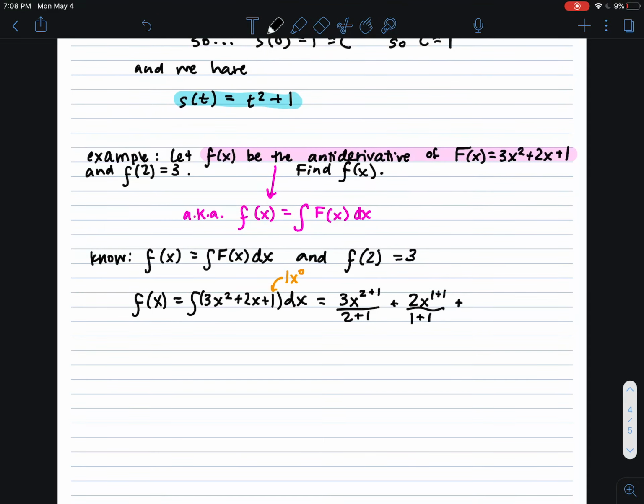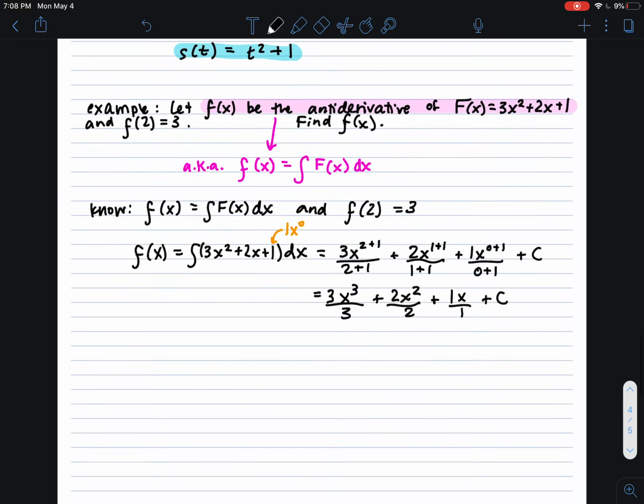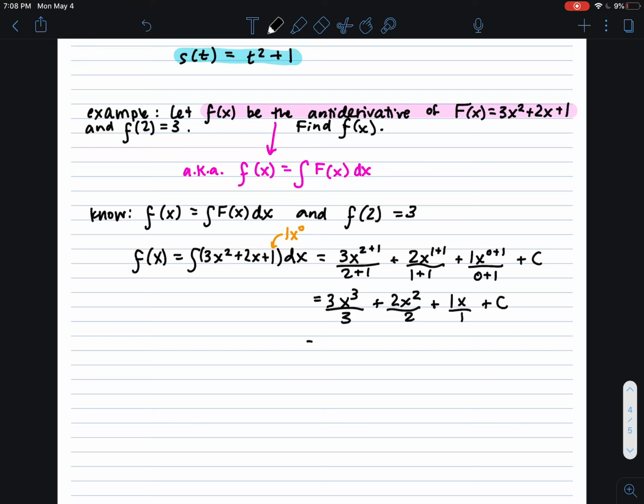So when we take the antiderivative of that, we get 1x to the 0 plus 1 divided by 0 plus 1, and then our integration constant. So we're going to simplify this. We have 3x to the third over 3 plus 2x squared over 2 plus 1x over 1 plus c. And this simplifies really nicely to x cubed plus x squared plus x plus our constant c.